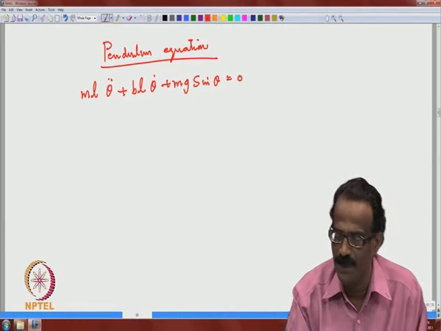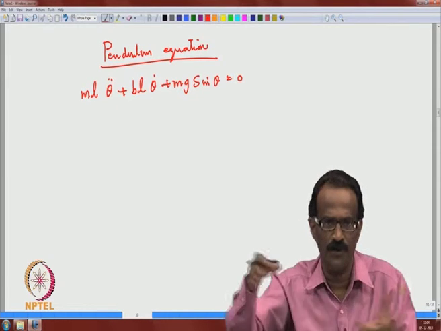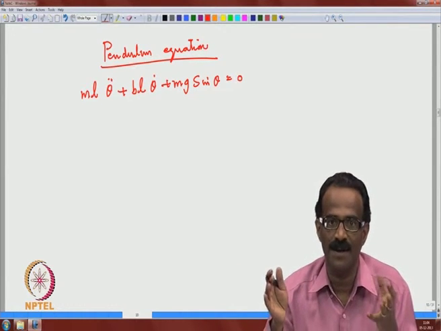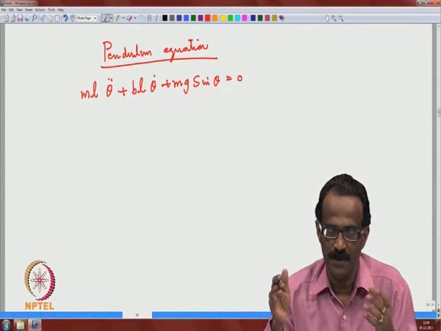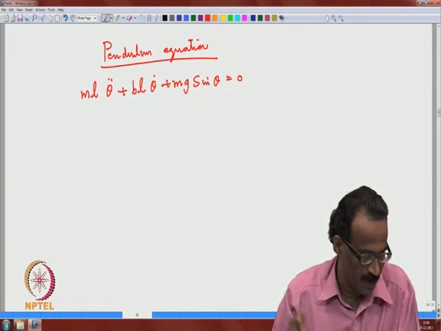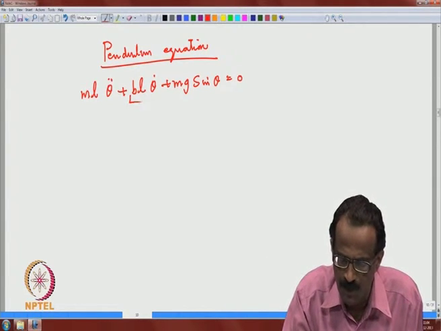It's a standard pendulum. You have a string of length L and a mass attached. All of you know that, those who have gone through your +1 +2 classes, and how the pendulum swings. So, this is the force due to friction.